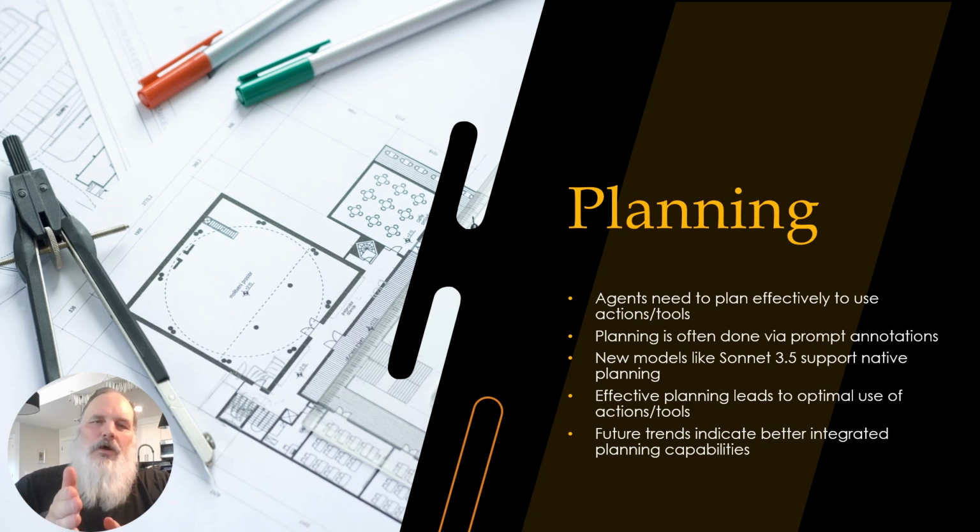It can't feed the output of that action into another action. And that's where planning comes in. I have a whole other video on what planning is and how it works and how the various implementations of planning work. For now, let's get into the demo and show you how an LLM like ChatGPT or a model like GPT-4o can execute actions on its own, or the OpenAI assistant can execute actions. So be sure to check out the demo.